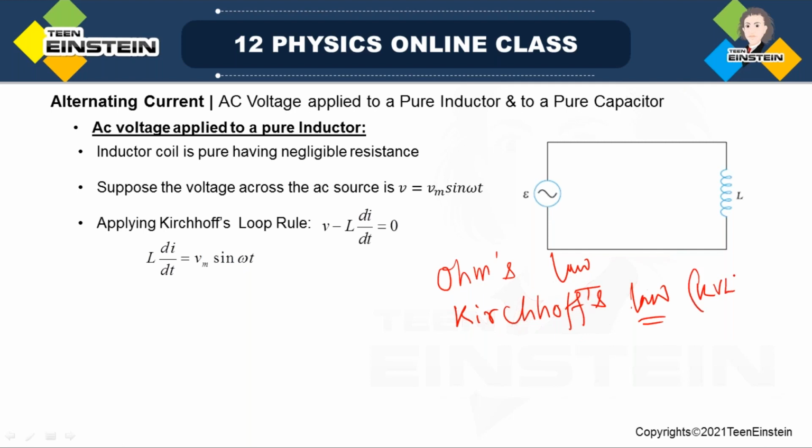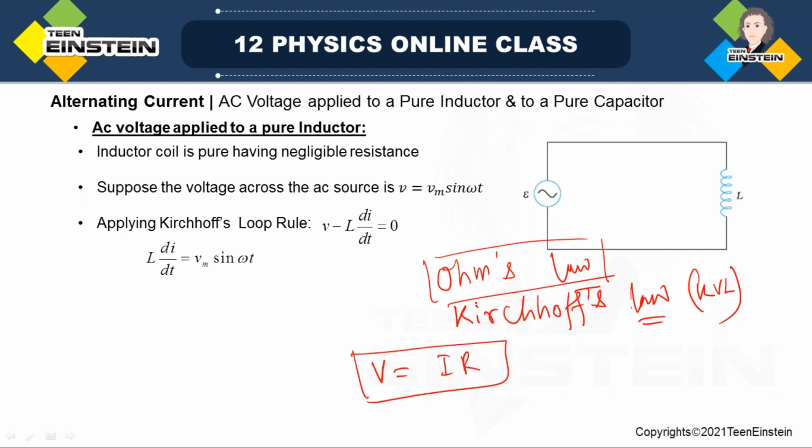Among these two, Ohm's law is not applicable here because it is not a linear circuit. An inductor is not a linear circuit. That means V is equal to IR is not the equation which is valid for an inductor. IL, that is the current in the inductor circuit, does not vary linearly with the voltage.